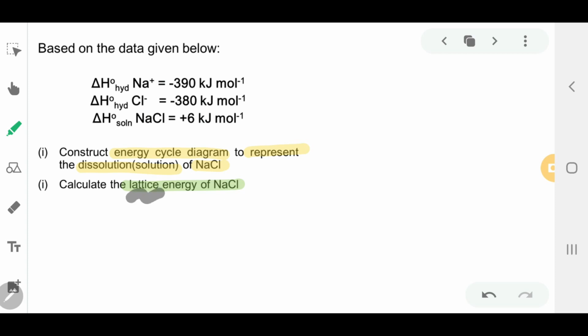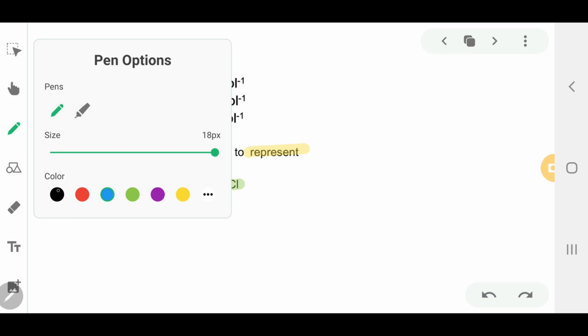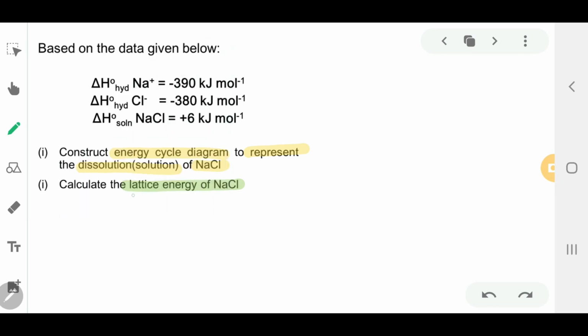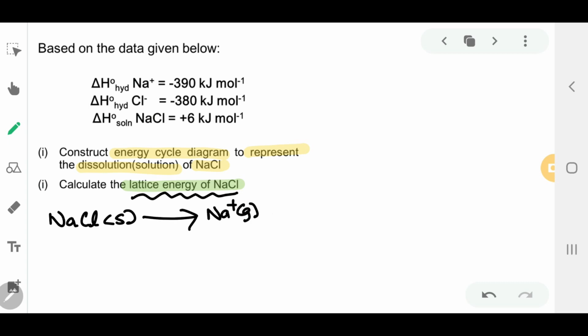So we're going to write the equation for the lattice energy of NaCl, and that is NaCl solid dissociates to form Na⁺ gas plus Cl⁻ gas. So this is the process for the lattice energy of dissociation for sodium chloride.